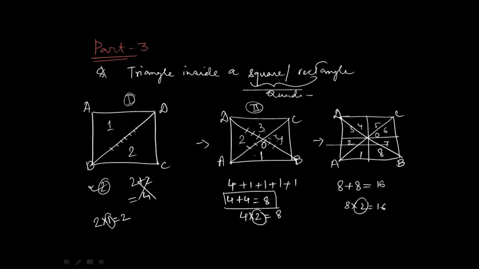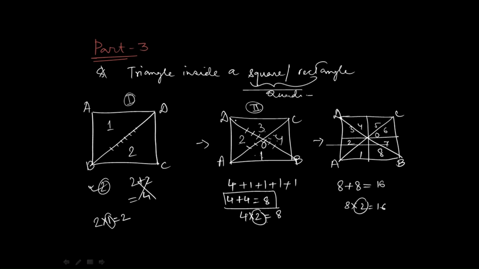So how will you count this? What I've said is that if there is a diagonal, then you have to multiply the number of parts with 1, because there will be one diagonal. If there are two diagonals in a quadrilateral, there can be only two diagonals at most.